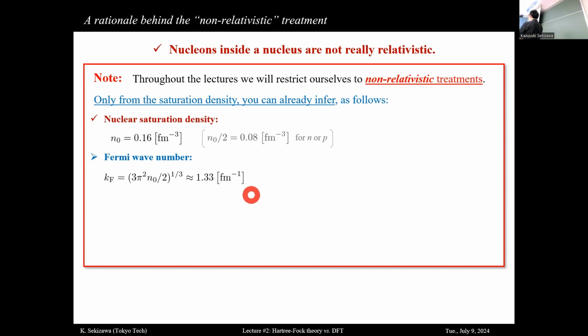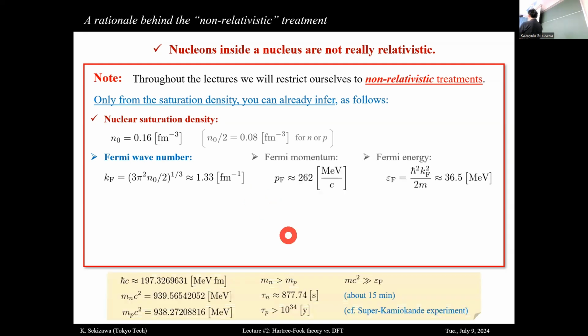It is 1.33 femtometer inverse. Then you can quantify the Fermi momentum and the Fermi energy using only this fact. The Fermi momentum is nothing but h bar kf, and you can use the famous relationship for h bar c.